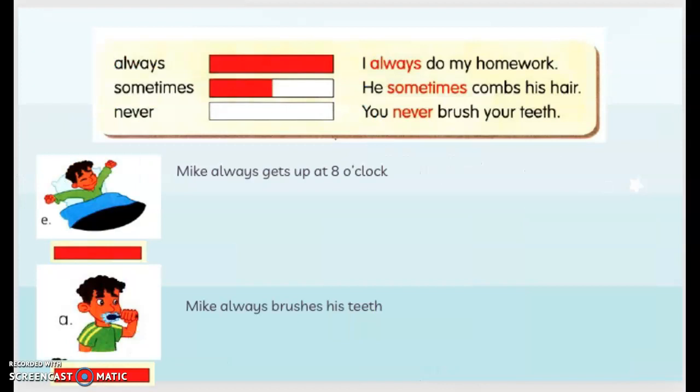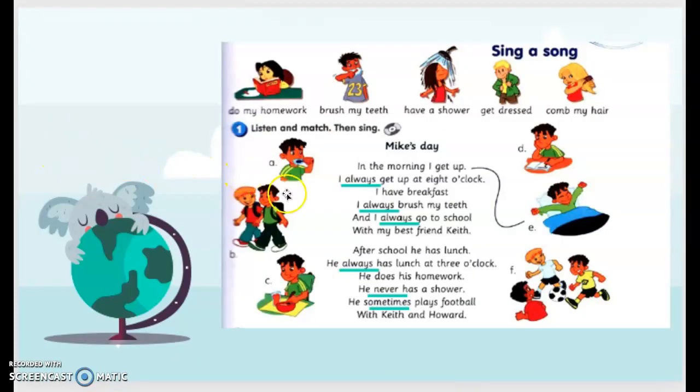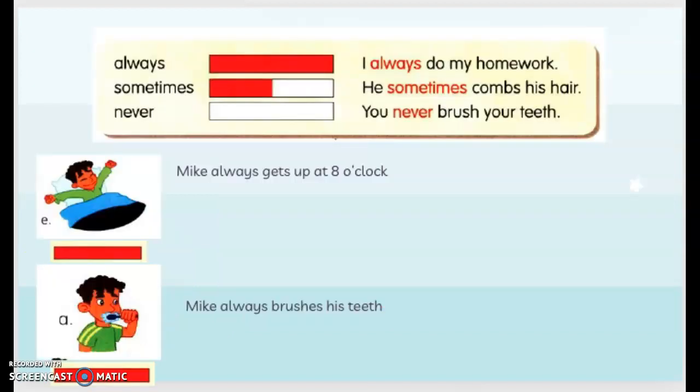So, if you look at the song, you see I have underlined certain words for you. So, always, always, always, never, and sometimes. Okay? And if you look at this indicator or this symbol, if the box is full with red, that means it's always the things that he always does.